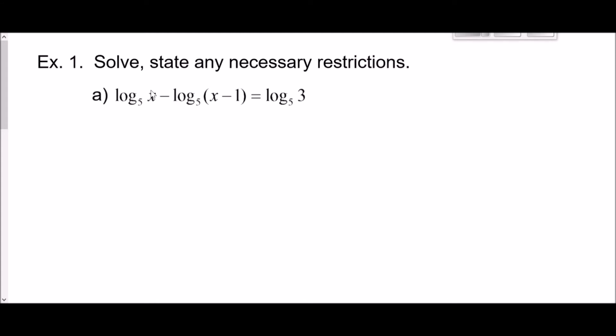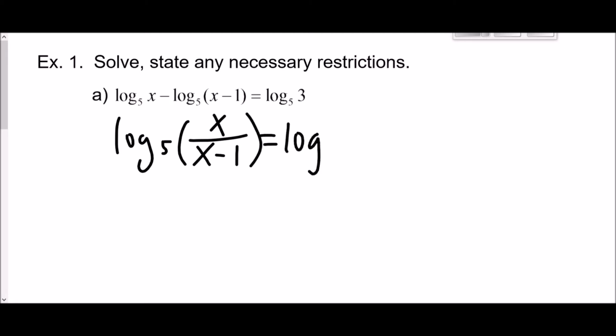We are going to apply the division law because we have minus. So you can write this as log base 5 of x over x minus 1. On the right-hand side, there's nothing you can do, but lucky us, they are both of base 5.